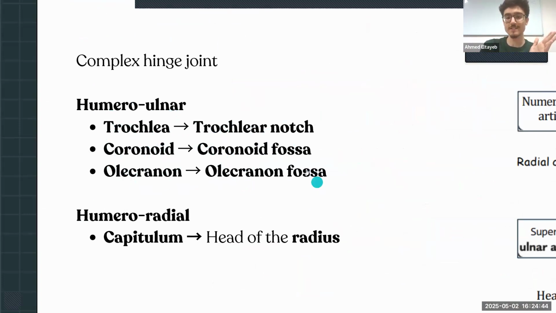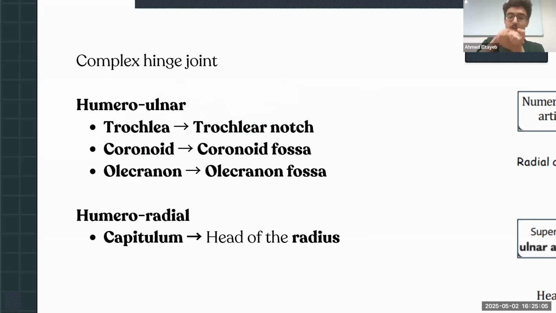And the olecranon will do the same: the olecranon is from the posterior aspect, but the coronoid is from the anterior aspect. And the trochlea, which is part of the humerus, will do the same to us. It's the other way around now, so it forms a trochlear notch, the impression made by the trochlea.